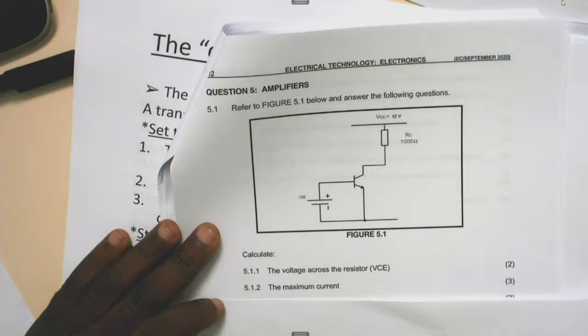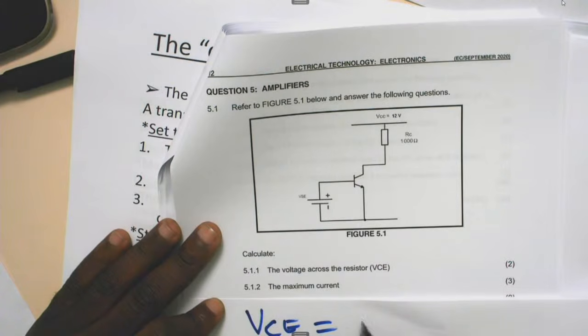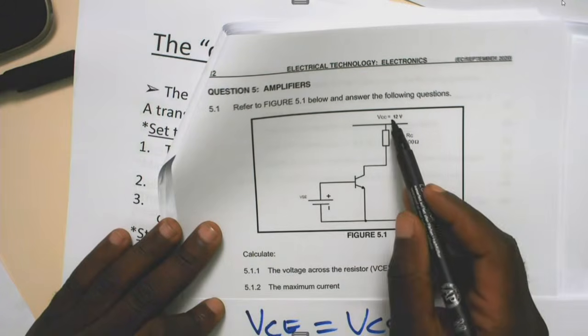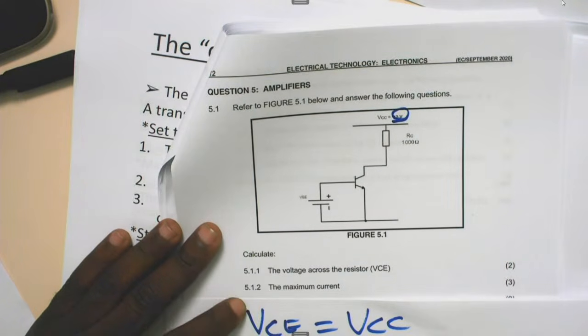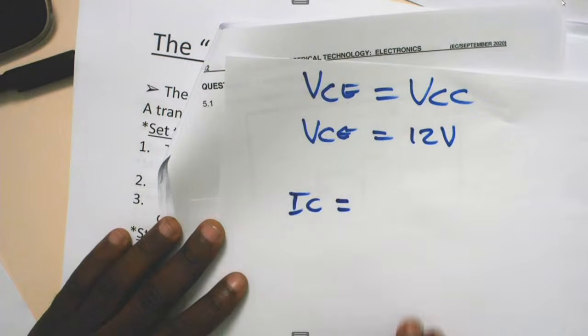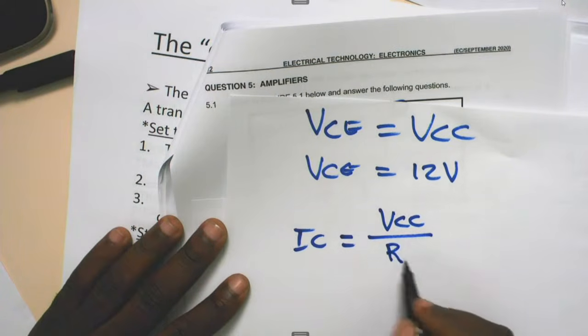Normally we say when your circuit is off, VCE is equal to VCC. So in here VCE is equal to 12 volts, as it is here on our circuit. Then we've got to do the maximum current, or Imax, which is IC equals VCC over RC.